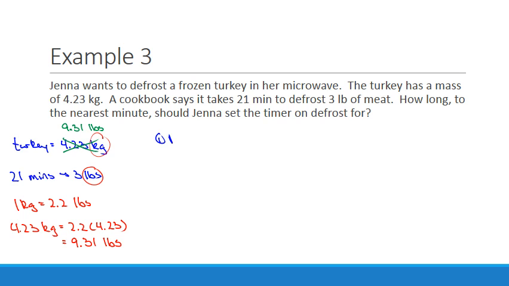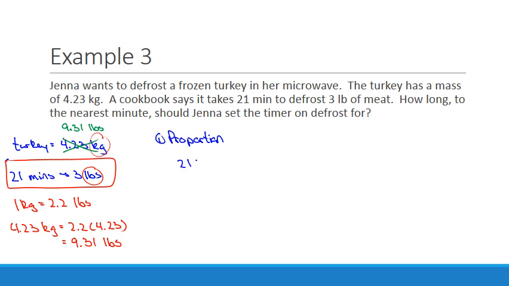So I have my proportion. My math fact is this detail I got from that cooking book. And again, it doesn't matter what you put on top, whether you go 21 over 3 or 3 over 21.